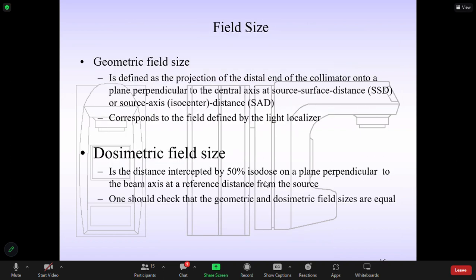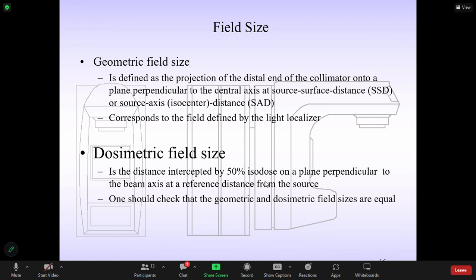The other way to express the field size is through the dosimetric field size, which is the distance that is intercepted by the 50% isodose line.